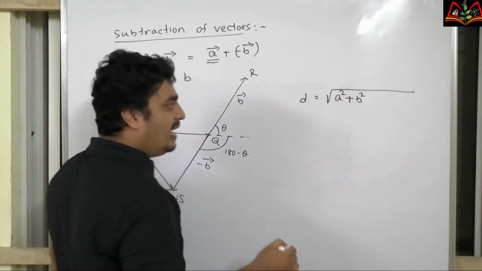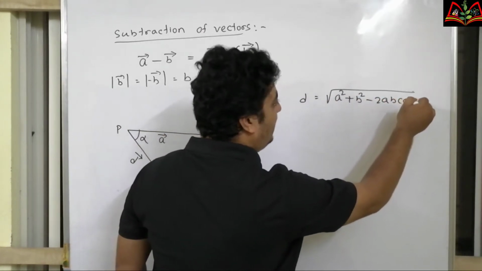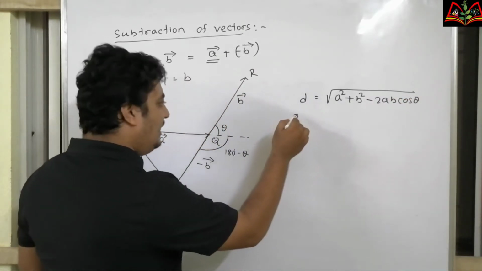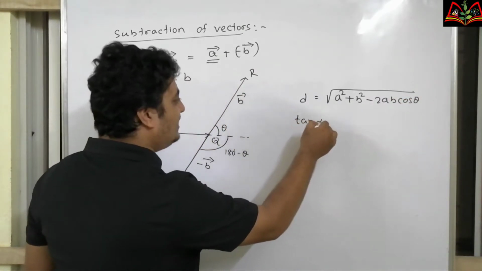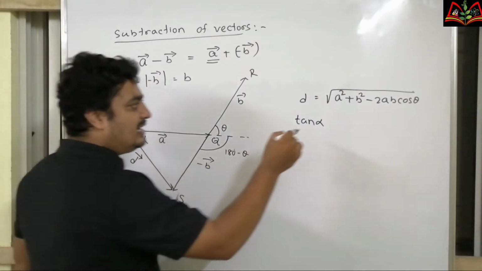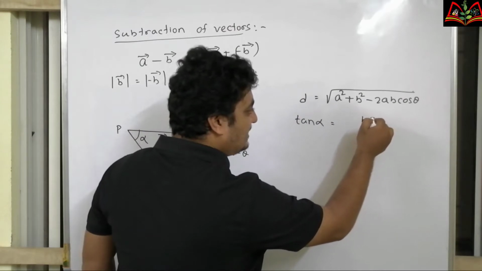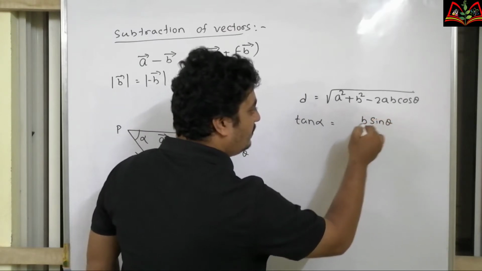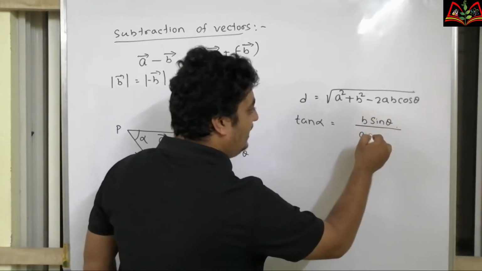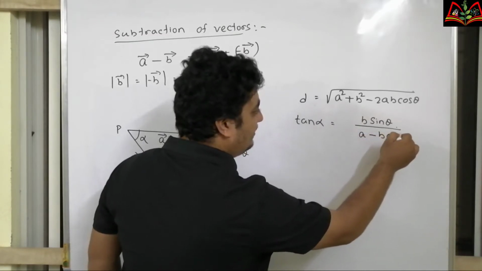So it will become the square root of A square plus B square minus 2AB cos theta. And if alpha is the angle between A and D, then tan alpha equals B sin theta divided by A minus B cos theta.